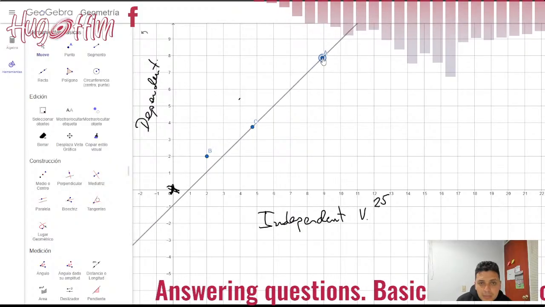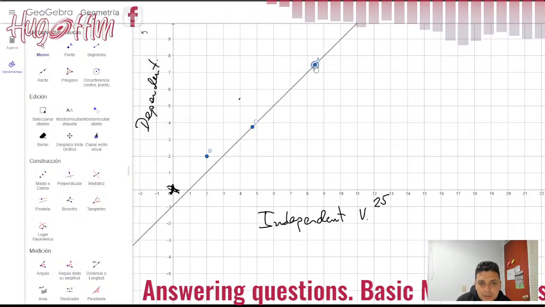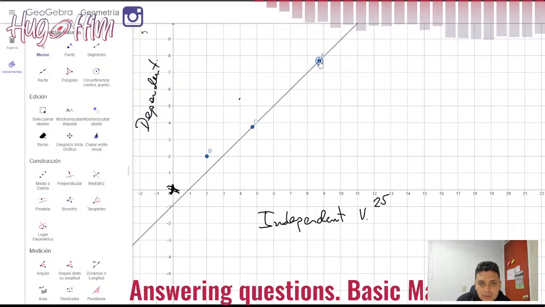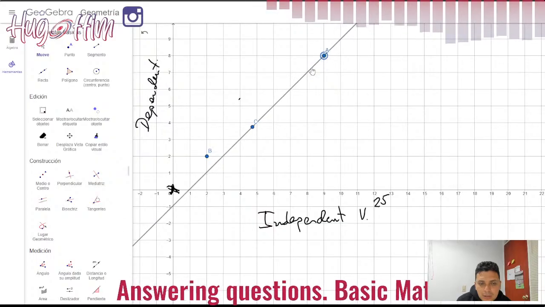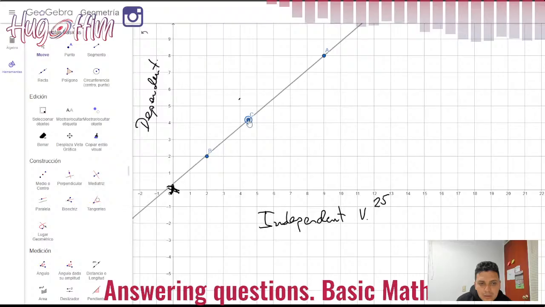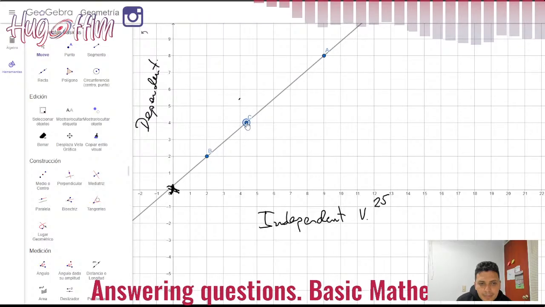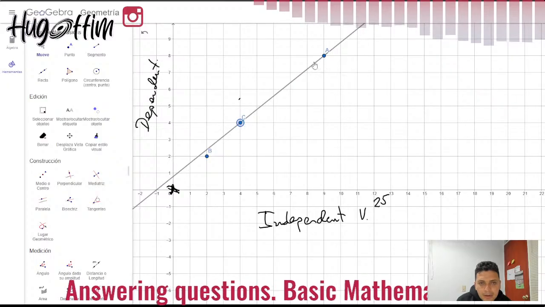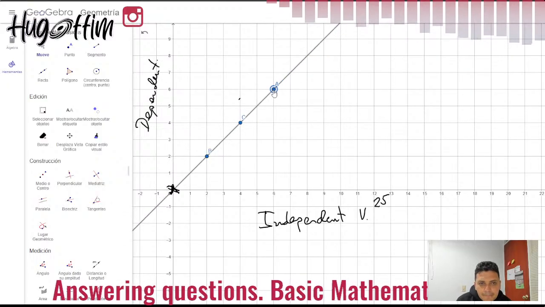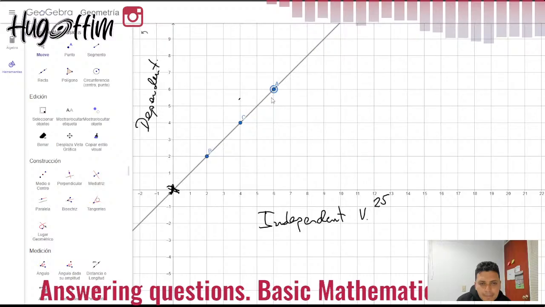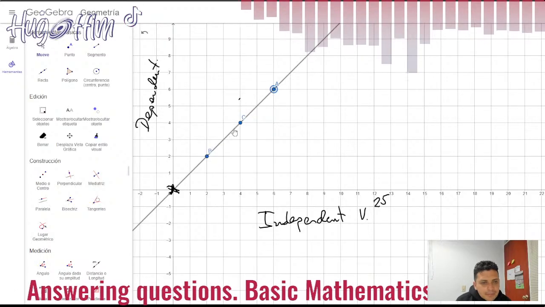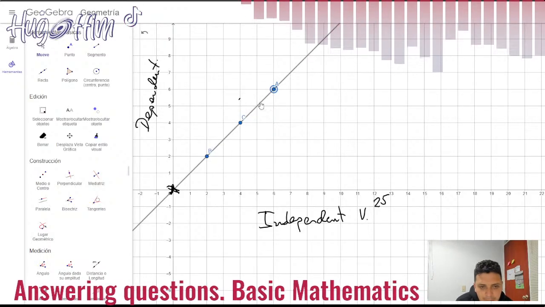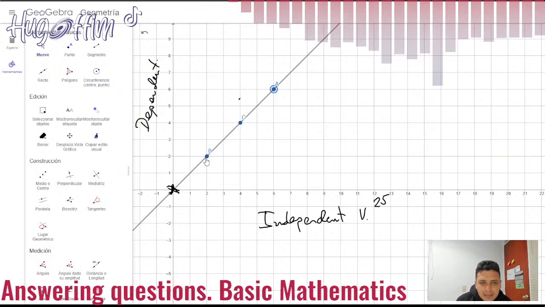Now I got mixed up with the information. Okay, here it's a directly proportional pattern, although it's an easy pattern.